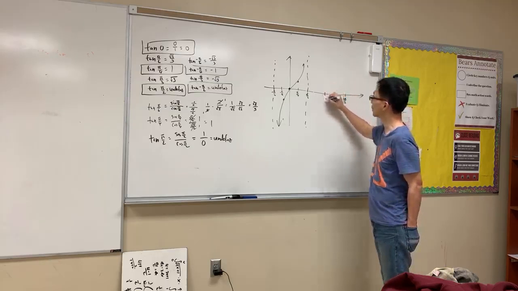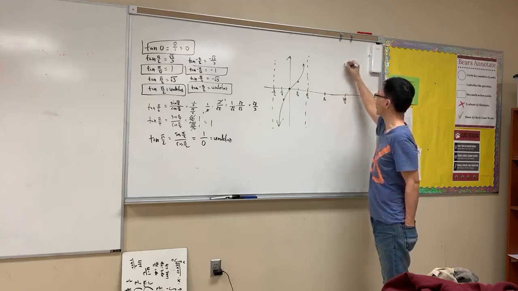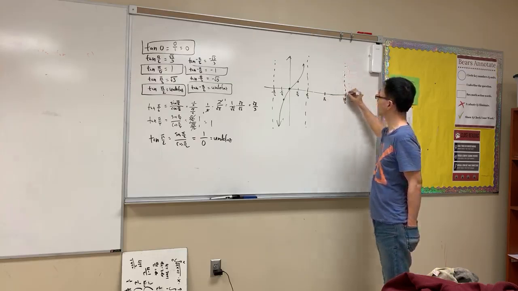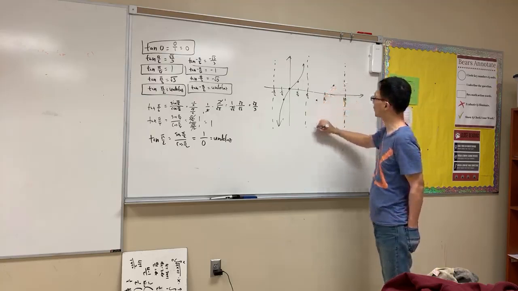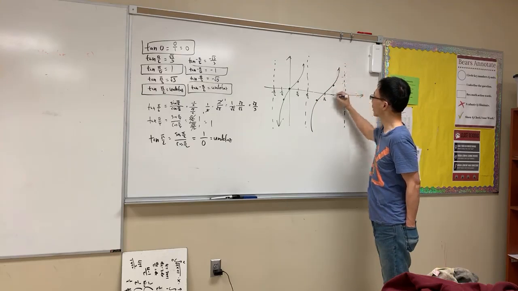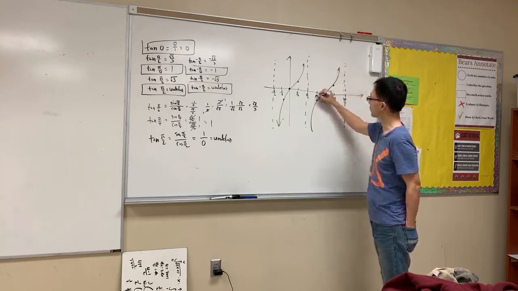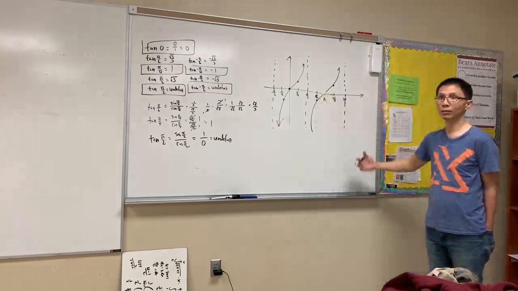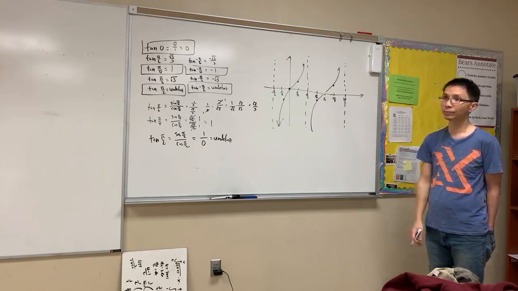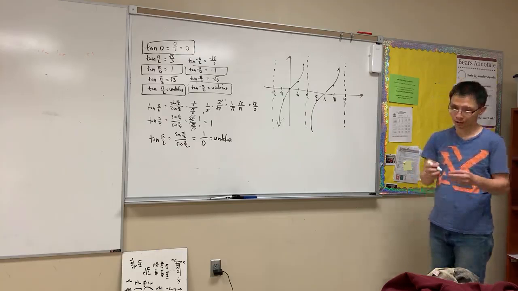Here is going to be pi, and it's going to create another asymptote here. So the graph is going to be like 1 above, 1 after. And here is going to be 5 pi over 4, and here is 3 pi over 4. So it just repeats. You repeat every cycle. Every pi.